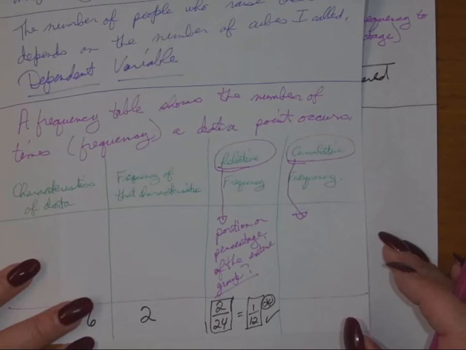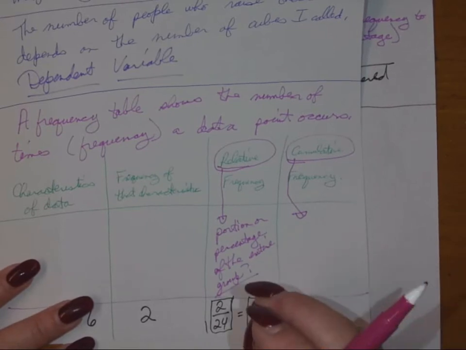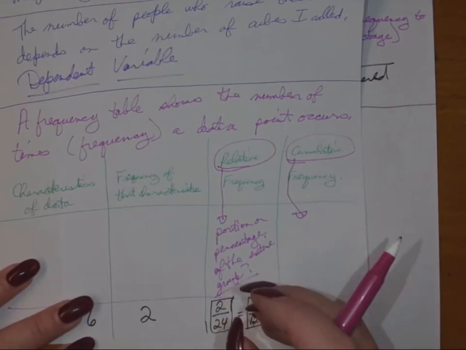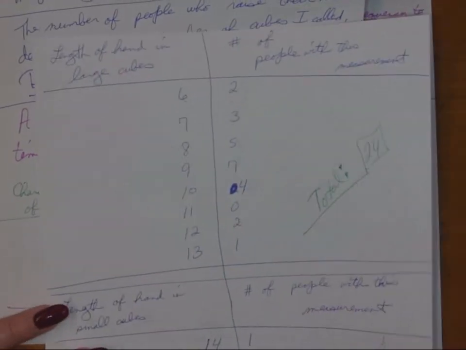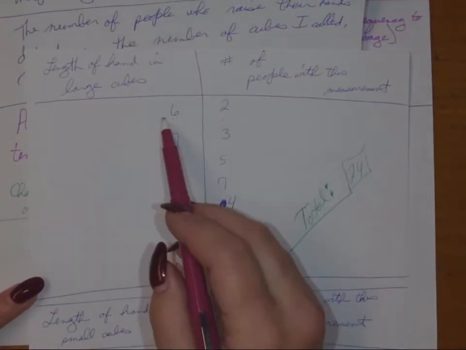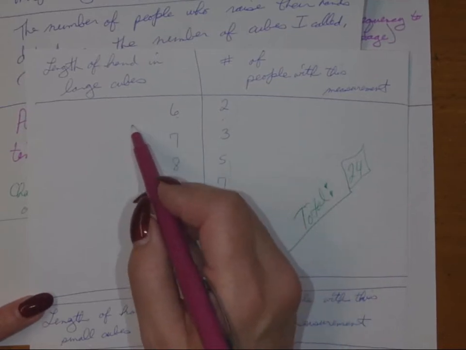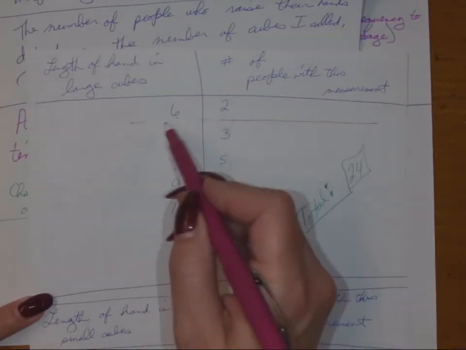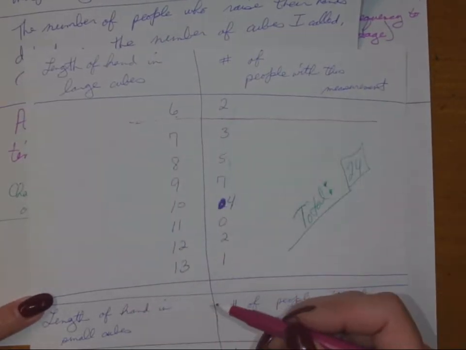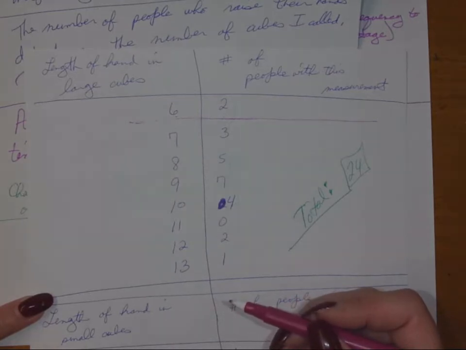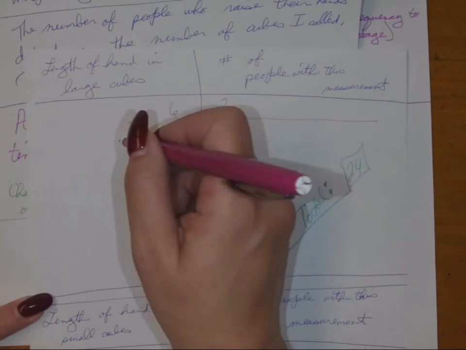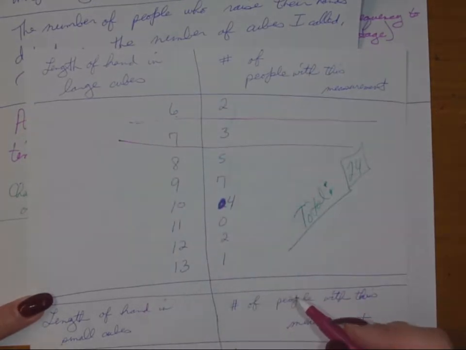Okay, so if I was looking at this as, for instance, accumulating people as I go here, well, how many of you have 6 or fewer cubes? That would just be 2, right? But then I can gather in more if I say, how many of you have 7 or fewer cubes?